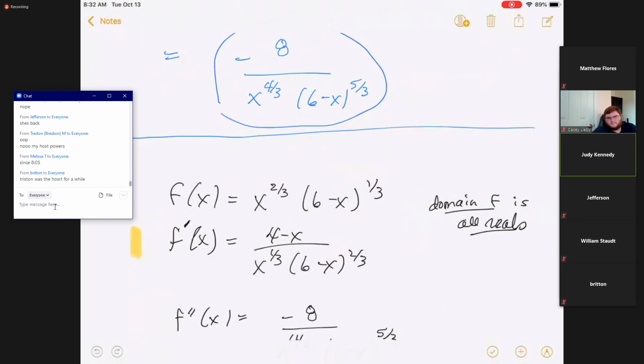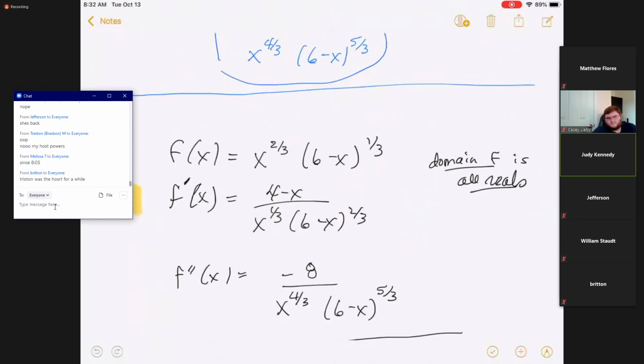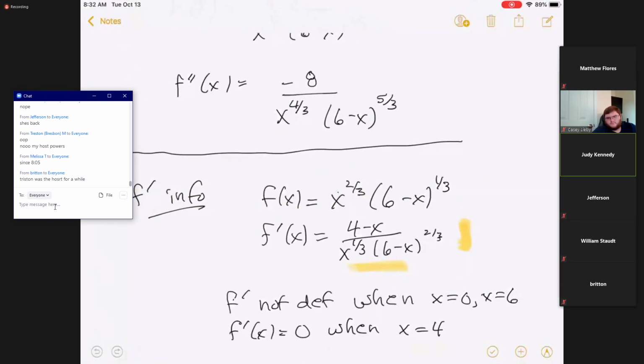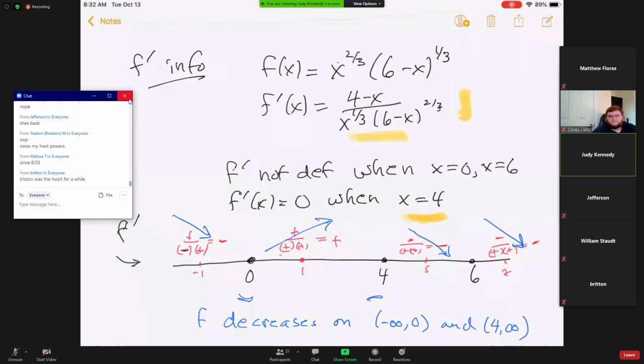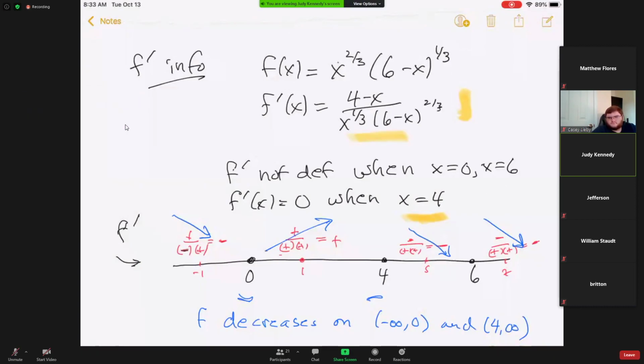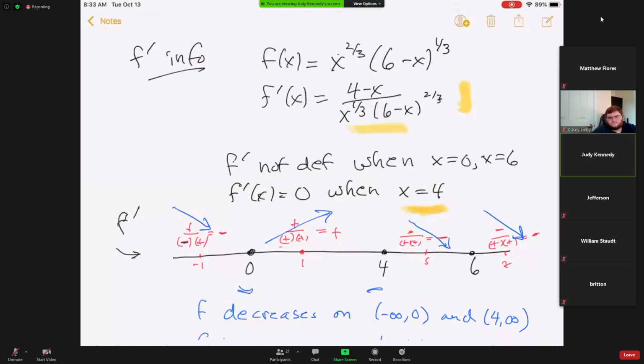Okay, so working on the first derivative, you get 3 critical numbers. You get 2 where f prime is not defined, when the denominator is equal to 0, so 0 and 6. And you get 1 where f prime is equal to 0, at 4. That gives you 3 critical numbers, and that means 4 intervals to check.